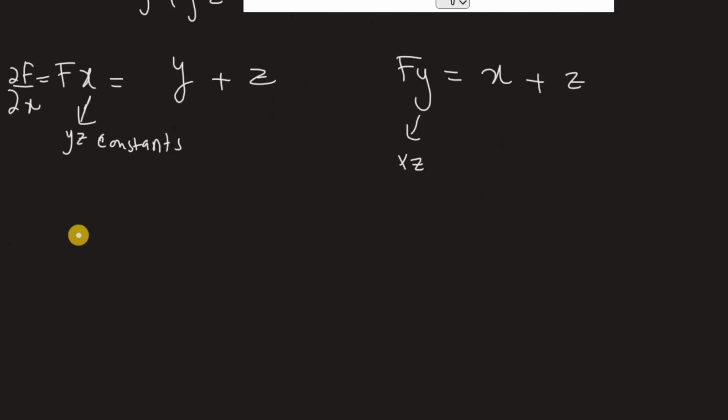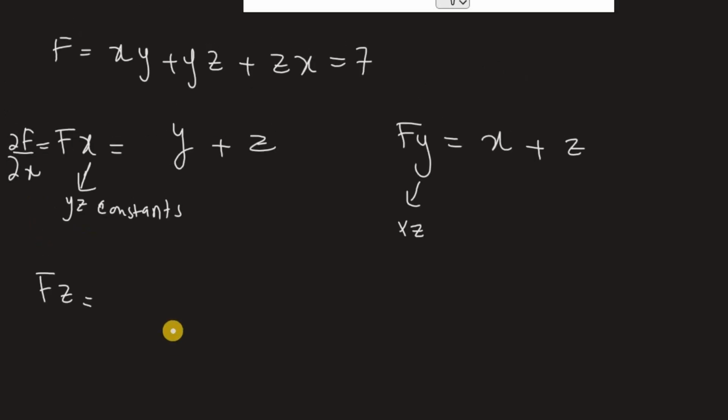We don't need to write that. Now for f_z, we're differentiating z only. This time x and y are constants. These two terms are constant and go to 0, so we don't need to write them. In yz, z goes to 1, so this is y. In zx, z goes to 1, and this is x, a constant, so it stays. The constant on the right goes to 0.